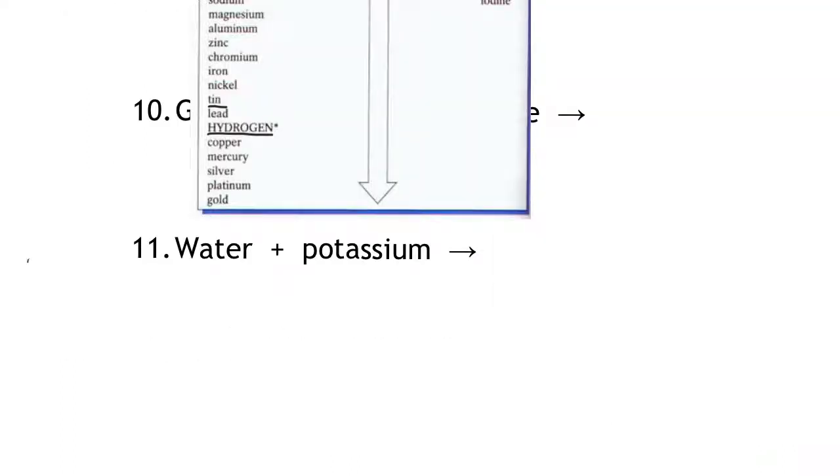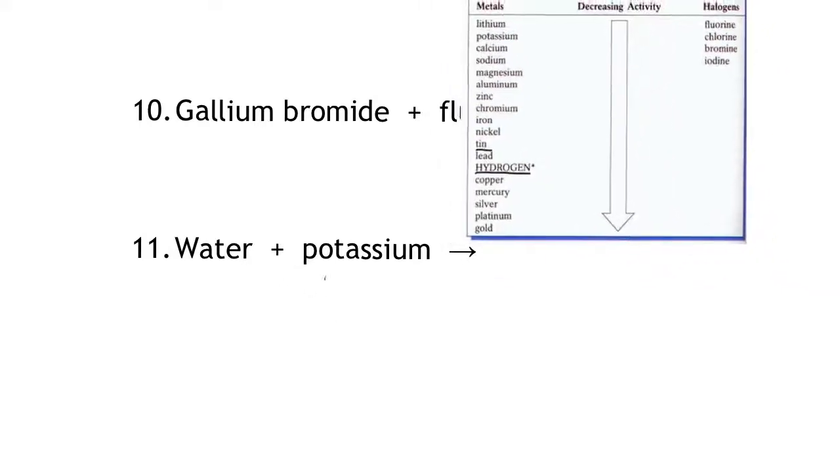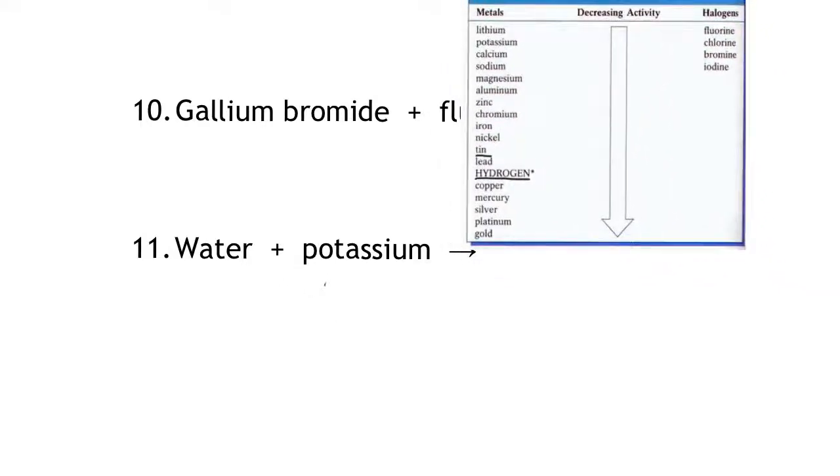Let's try this last one. We've got water and potassium. Move my activity series over here. Remember, we can write water as HOH. And we've got our potassium. This would be our positive ion and our negative ion. Hydrogen, again, is what we're dealing with.